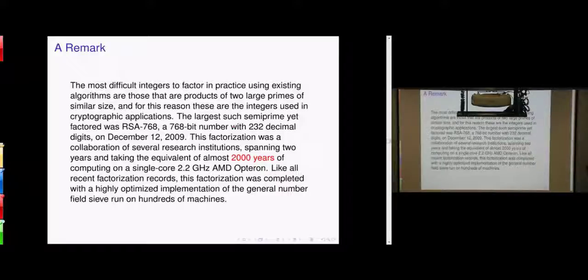The factorization was a collaboration of several research institutes spanning 2 years and taking the equivalent of almost 2,000 years of computing. Like all recent factorization records, this factorization was completed with a highly optimized implementation of the general number field sieve, run on hundreds of machines. So it's very difficult to factorize a number.